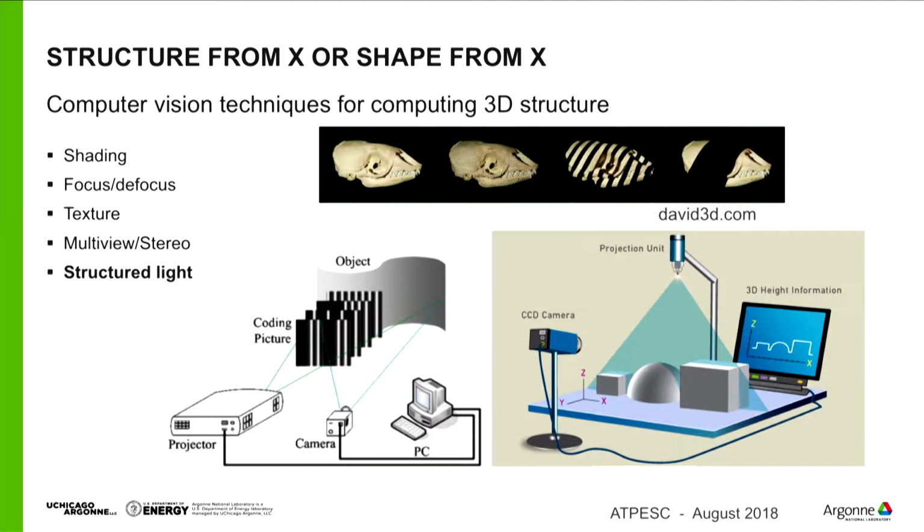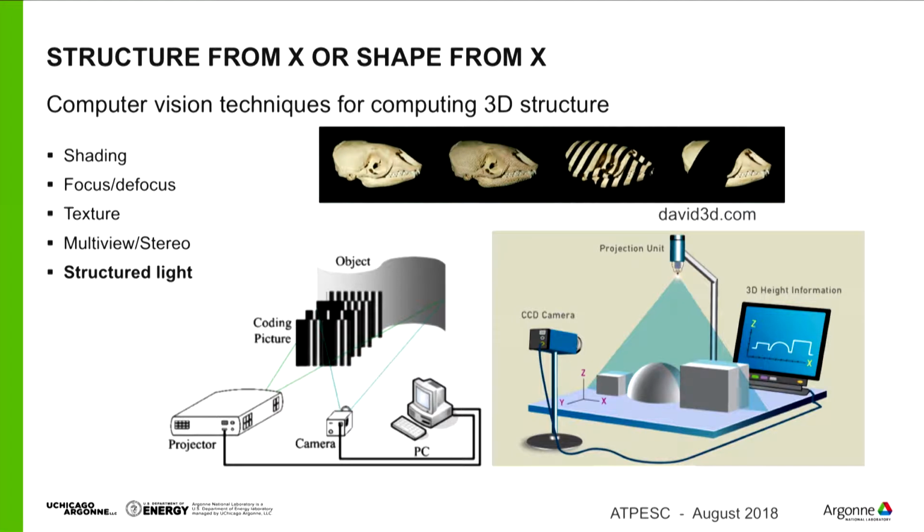And then the other thing that people have used is structured light or structured illumination. There are commercial products like the David 3D scanner, where you project onto an object, and then you take an image, and if you know lots about the pattern you've projected, you can pull out three-dimensional information.